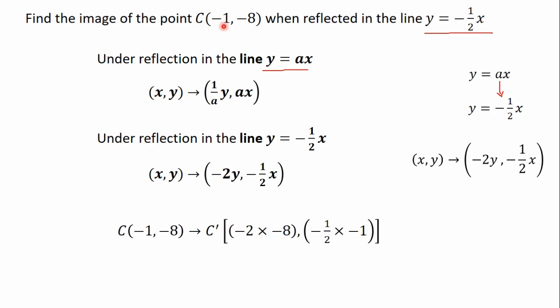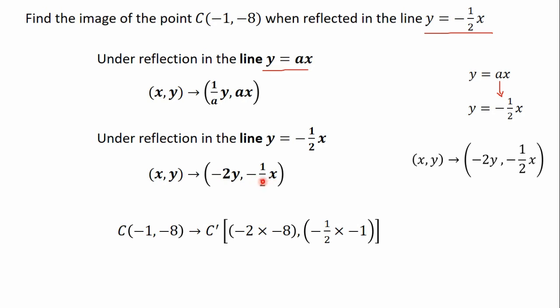The point C has the coordinates minus 1, minus 8. Now when this point C is reflected in the line y equals minus 1 divided by 2x, the image of C, which is C prime, will be minus 2y. The y here is the y coordinate of the point, which is minus 8. So we have minus 2 times minus 8, and that will give us the x coordinate of the image.